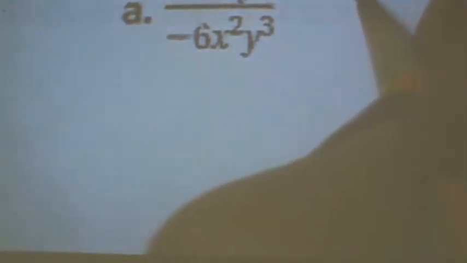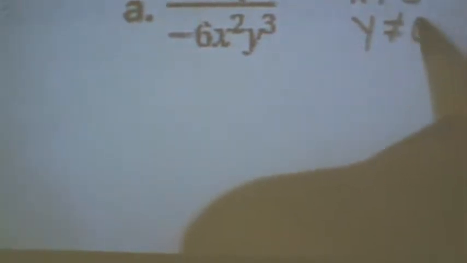All right, so let's practice these 3 problems. We did these yesterday, we're gonna do them again. Now, before we cancel anything out, x can't be 0, and y also can't be 0. These are your restrictions. You can't have a 0 in the denominator of a fraction.